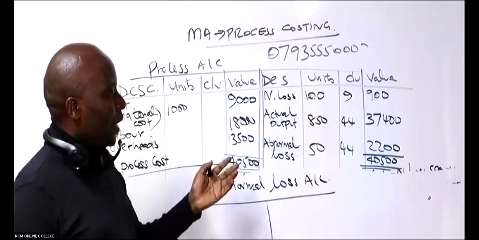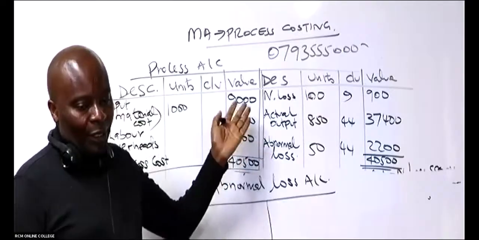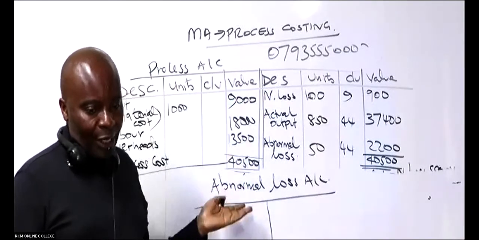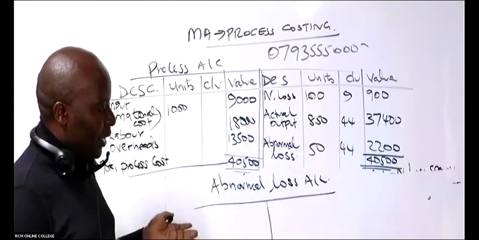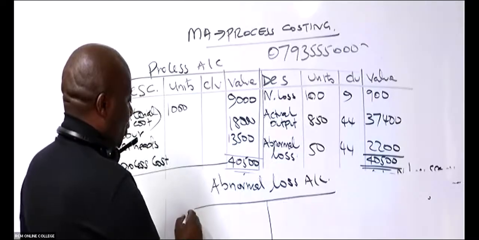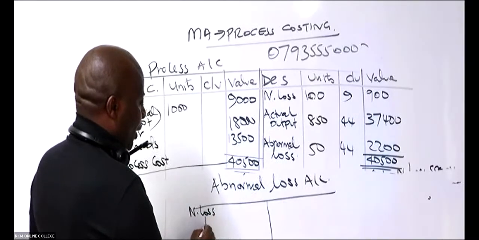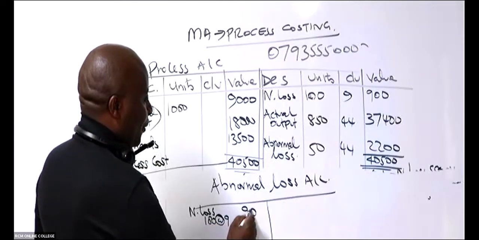You see, like now you'll bring the normal loss here. So here the normal loss was credited, it will be debited here. So we have normal loss, 100 at 9, giving us 900.